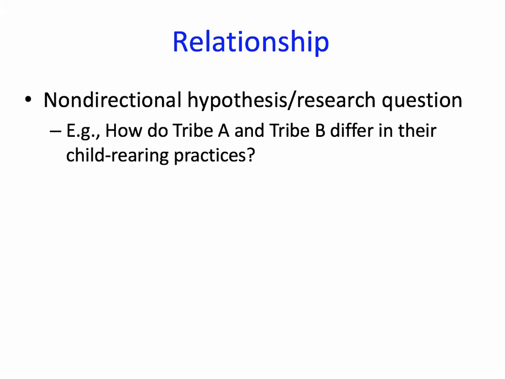A non-directional hypothesis typically looks at relationships, and we also look at differences. So we may simply want to know how two things differ or three things differ. And so what we might be interested in instead is the differences between two or more groups.